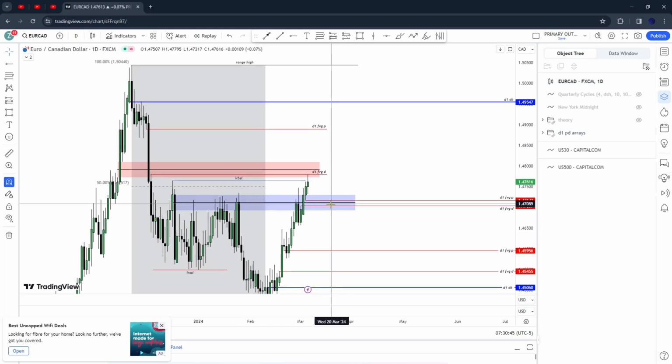In here, we've got another fair value gap, which is important, and we've got this down close candle, which is also an order block. But what I've decided to do is mark out a candle to the left of it, which is what we consider to be a breaker block. I will get into the theory of these eventually.